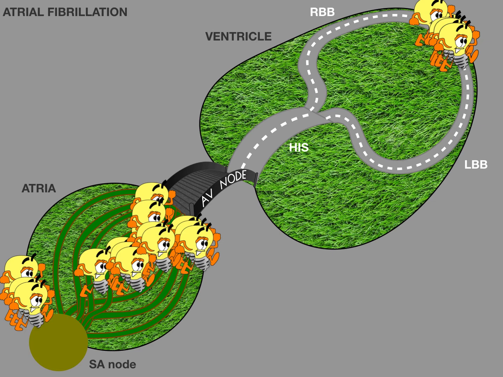So this means you get an irregular ventricular rate. But as long as conduction within the ventricle doesn't have any further blocks, this should be normal through the ventricle, so it will be a narrow complex.